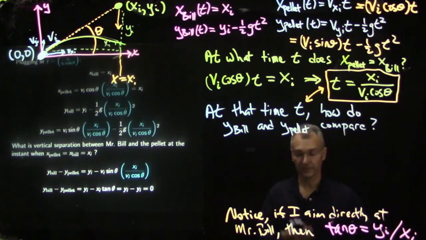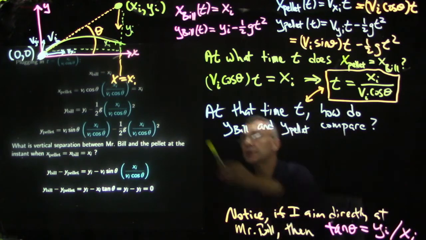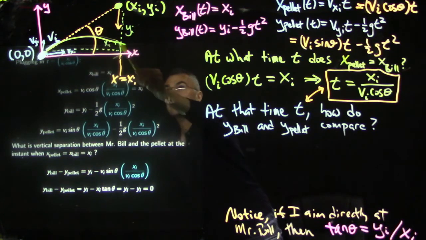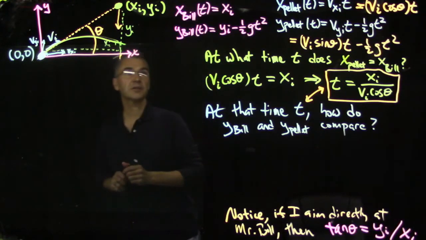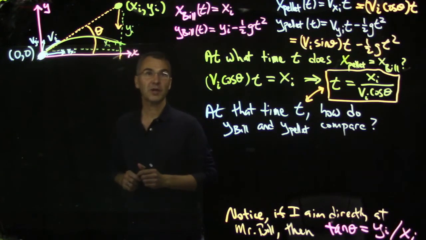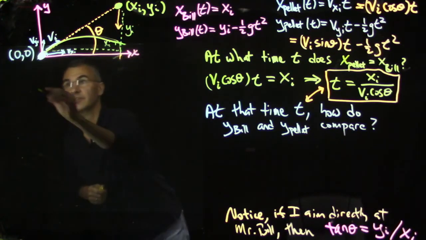Then let's ask, at that time T, where the pellet's path crosses Mr. Bill's path, how do the vertical coordinate of Mr. Bill and the vertical coordinate of the pellet compare with one another? So let's try subtracting y bill and y pellet, and if the difference is 0, then we'll say they're at the same place.